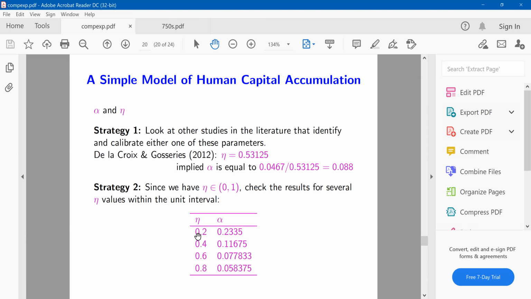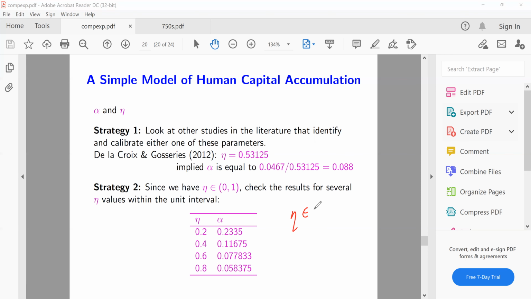The second strategy is to check the results for different values of eta. Okay, how can we do that? Well, we know that eta is between 0 and 1. Okay, so that's a very nice property that we can exploit, because now I can check the alpha values at different values of eta, right? And for each value of eta, there's a particular value of alpha. Why?